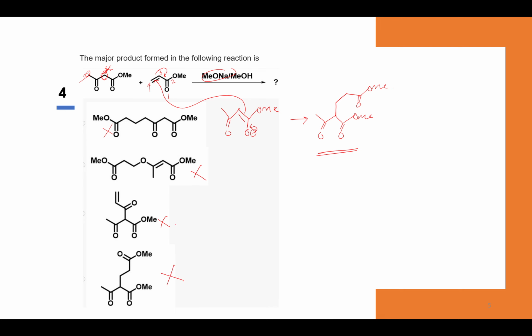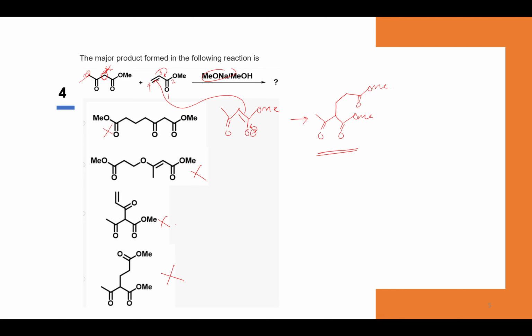Why this carbon? If LDA would be here, LDA will abstract the proton from the less hindered side. But triethylamine, because it is not a bulky base, it is a small base, it will abstract the proton from the methylene side, this carbon. And this is the more stable enolate form in this case. So we will get this stable enolate, and oxygen will take up the TMS group to make an OTMS, trimethylsilyl ether.